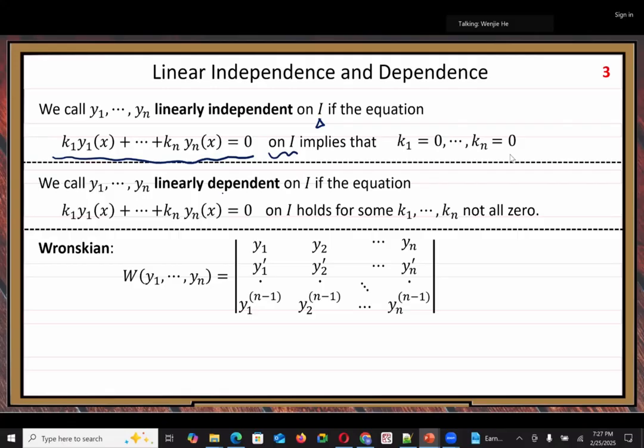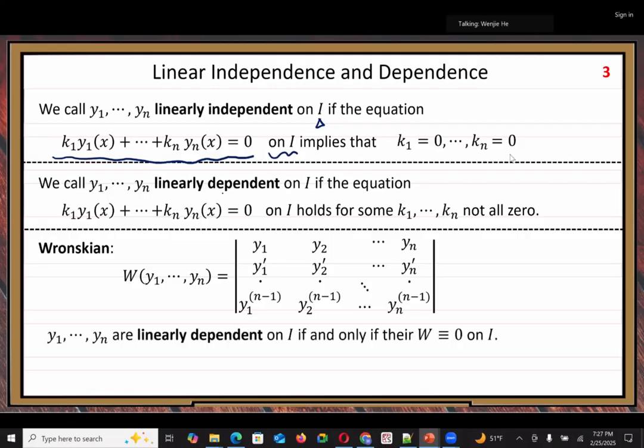Each row corresponds to a certain order of derivatives of these n functions. Then we can use the Wronskian to tell us if these n functions are linearly dependent or independent.